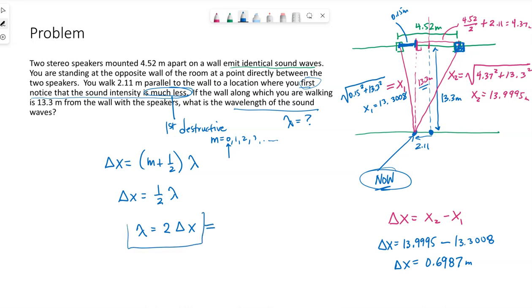So now coming back to the wavelength, we already reasoned through that the wavelength needed to be 2 times delta x. I'm going to multiply this by 2. Now I will round, since I'm at my final answer. Since the 9 is going to round up, we find that this wavelength of this sound wave is 1.4 meters in order to destructively interfere at that specific location.